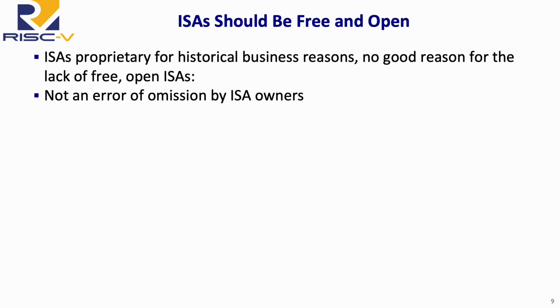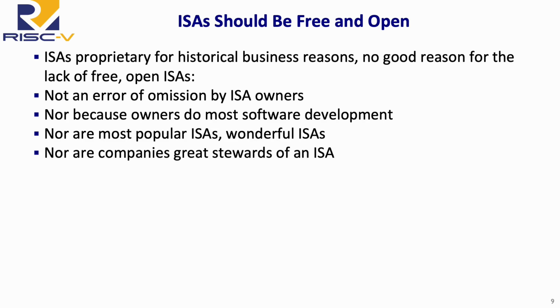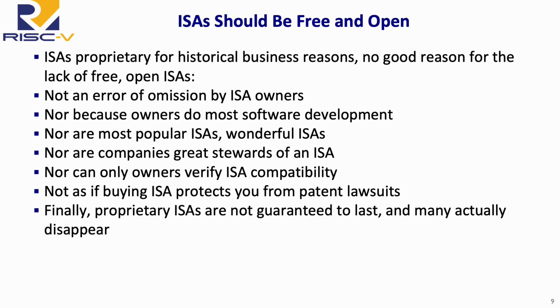It's not an error of omission by ISA owners, nor because owners do most software development, nor are most popular ISAs wonderful ISAs, to be honest, nor are the companies great stewards of the instruction set architectures, nor can only owners verify the ISA compatibility. And it's not as if buying a proprietary ISA protects you from patent lawsuits either. And finally, proprietary ISAs are not guaranteed to last and may actually disappear.